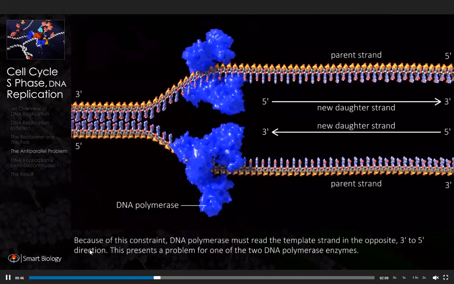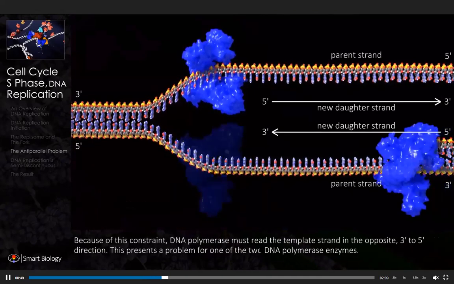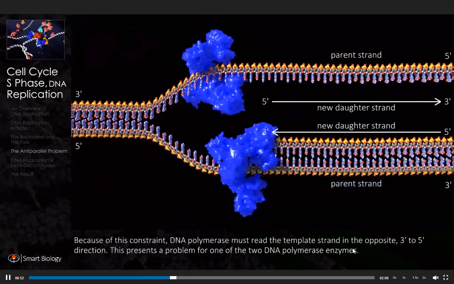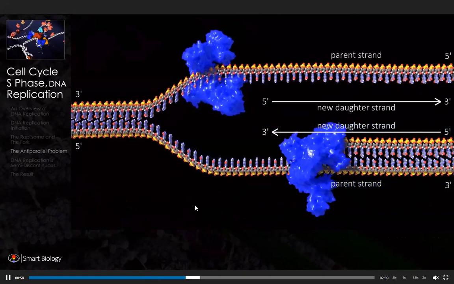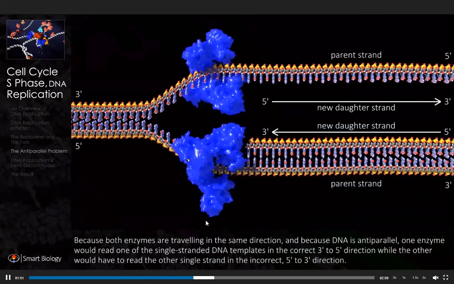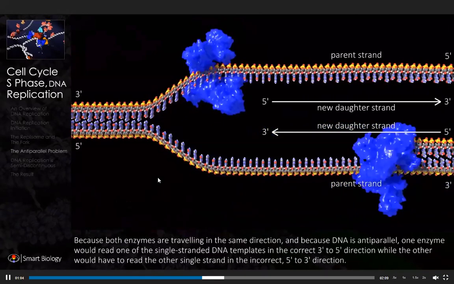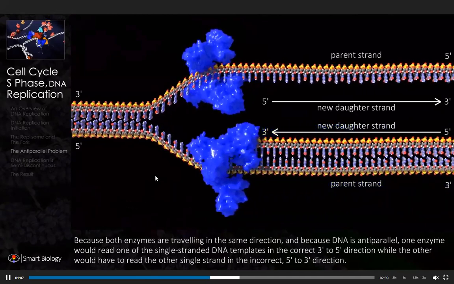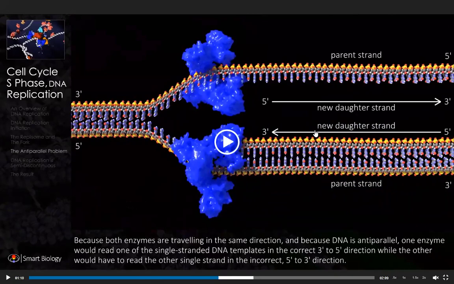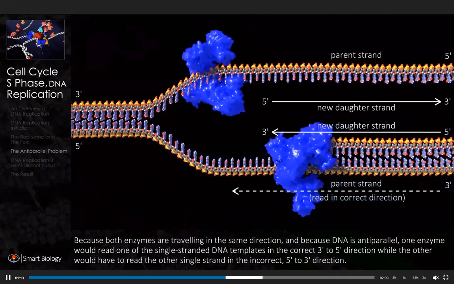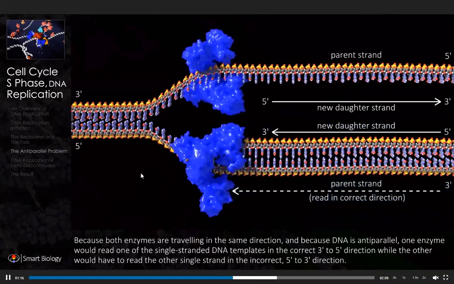Because of this constraint, the DNA polymerase must read the template strand in the opposite direction. So this presents a very big problem, right? Because how will the same polymerase carry out the function at the same time? When the daughter strand is being synthesized in a 5' to 3' direction, it can be done continuously. This is being read in the correct direction.